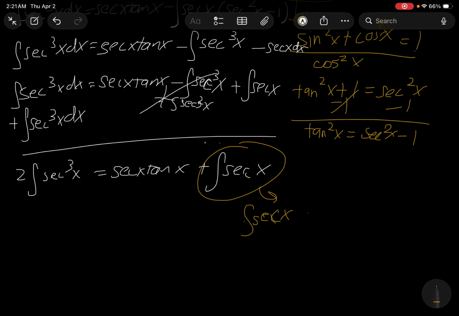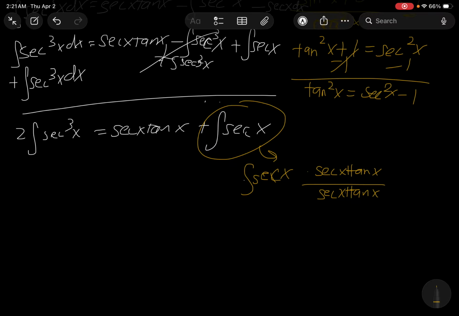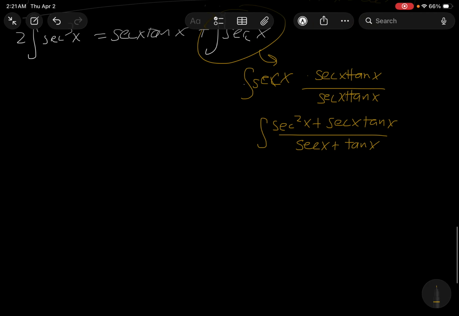Times secant of x tangent of x over secant of x tangent of x plus, don't forget the plus. Okay, so that's going to be secant squared of x plus secant of x tangent of x over secant of x plus tangent of x. u-sub.